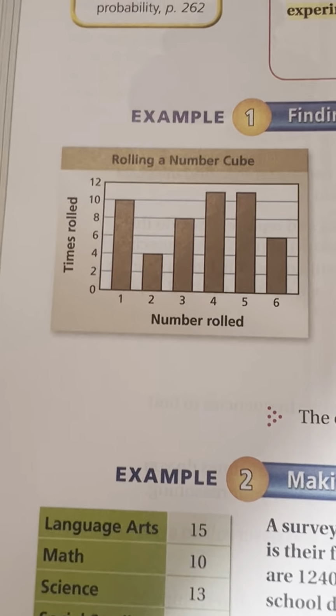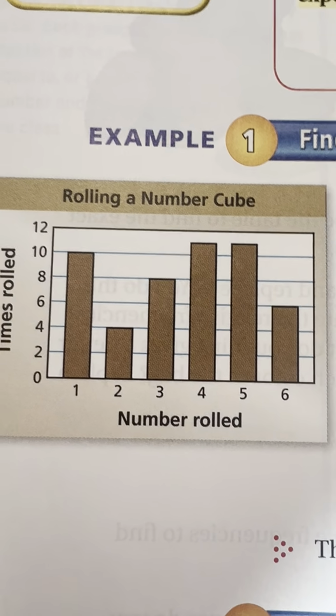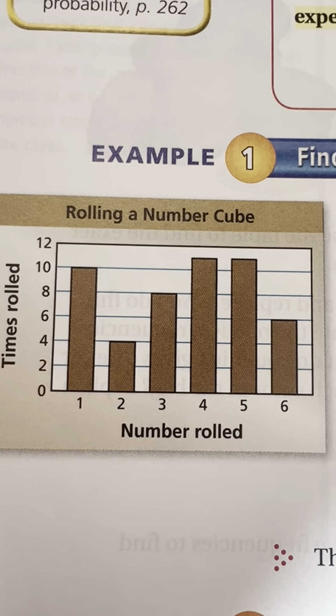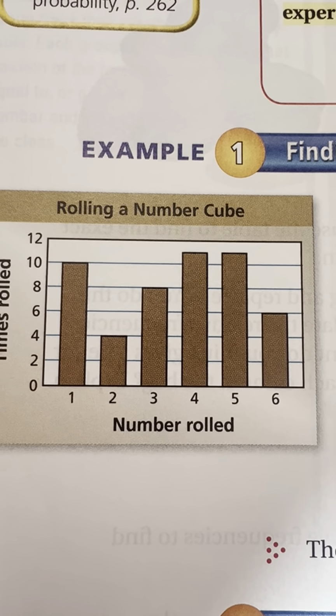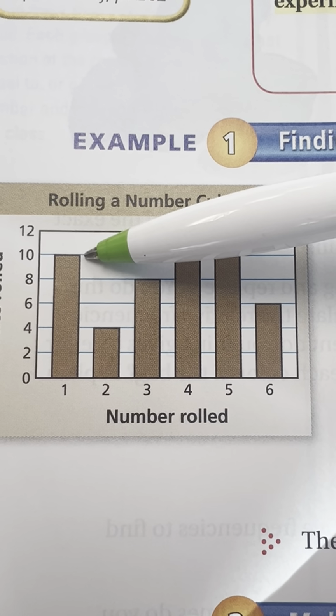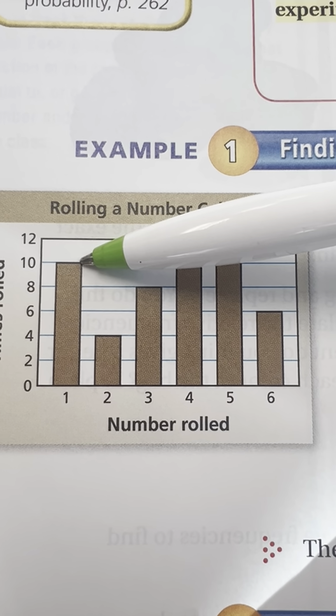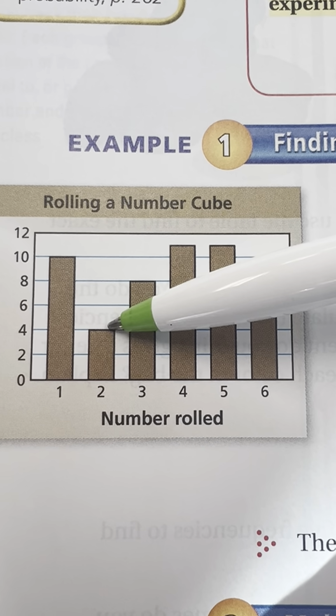For my first example, it says this bar graph shows the results of rolling a number cube 50 times. What's the experimental probability of rolling an odd? This tells me they rolled it 50 times, but on your homework it doesn't say that. So you have to take how many times they got a 1: 10 times. A 2: 4 times.